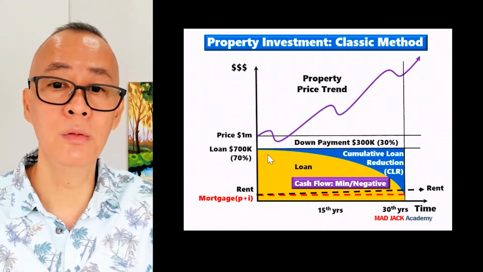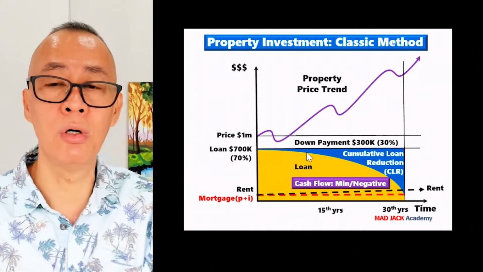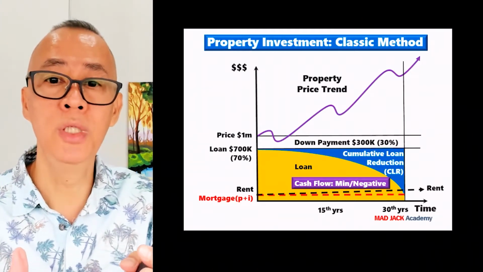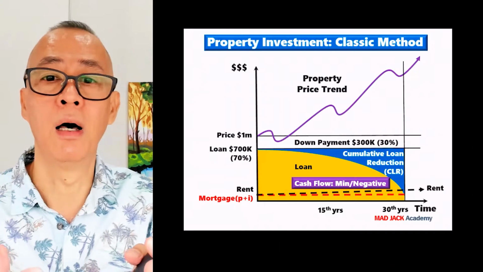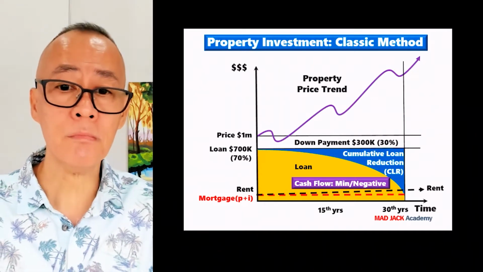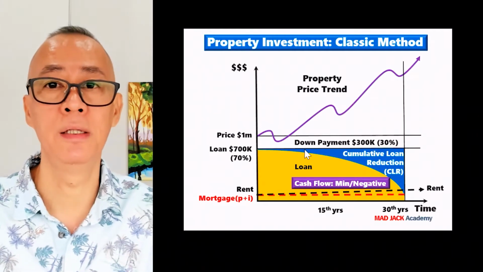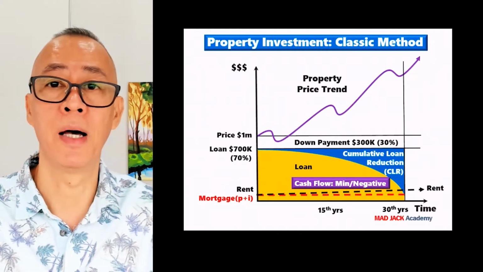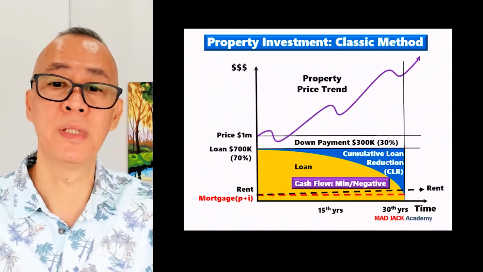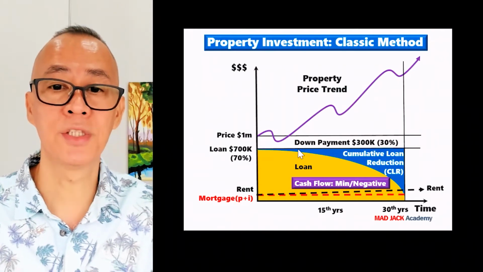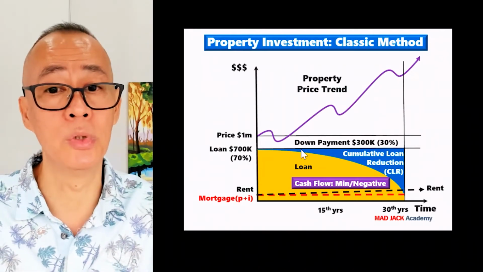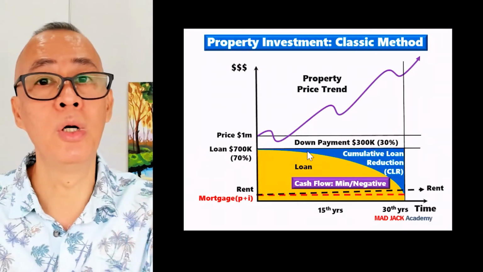Now, when you borrow from the bank, the loan is called a reducing loan type. So after like 5 or 10 years, you may pay off the loan, say by 50,000. So your loan becomes 650,000. With 650,000, your interest cost will be lower. So as you go, you pay more and more principal.